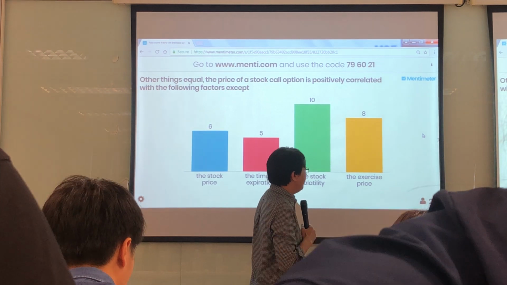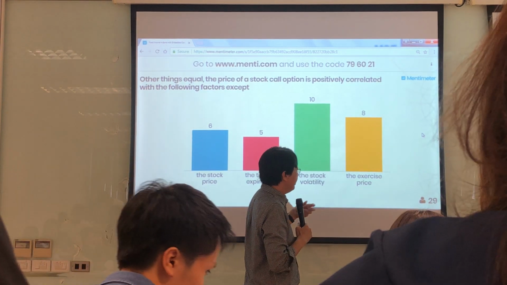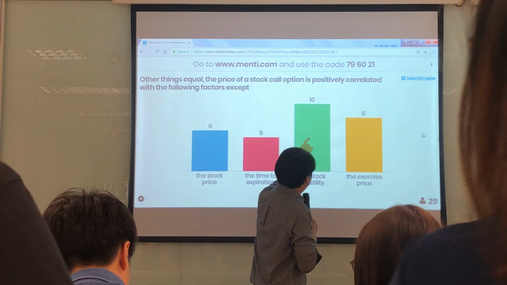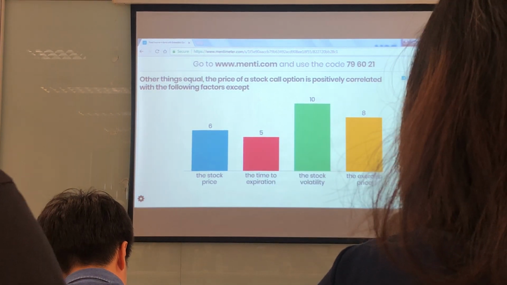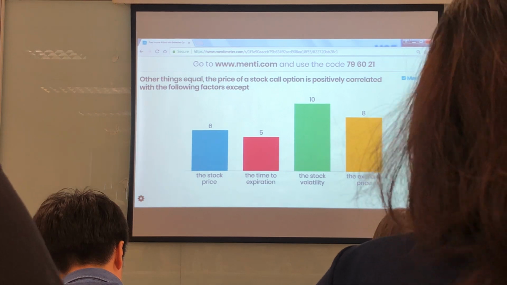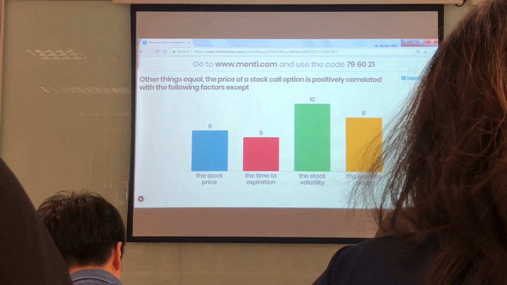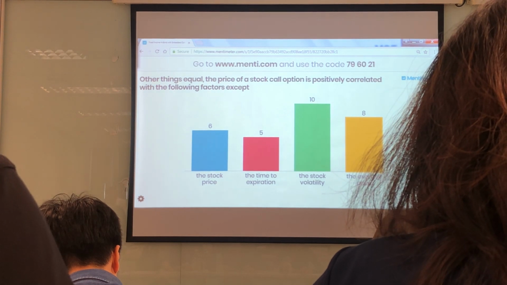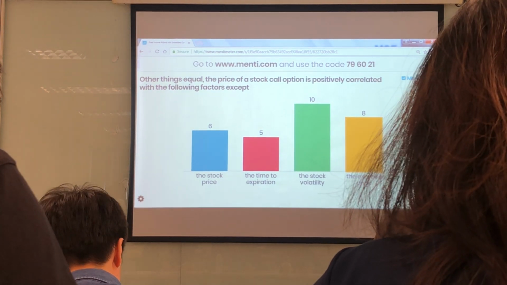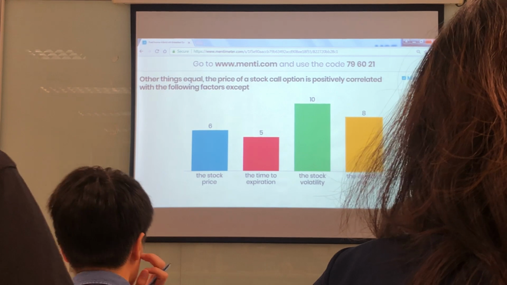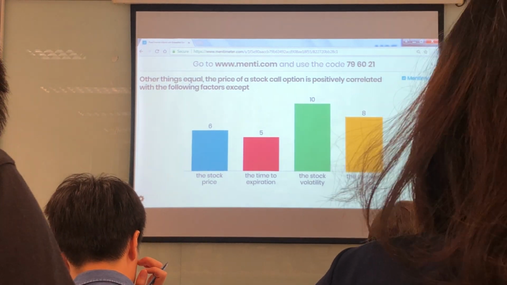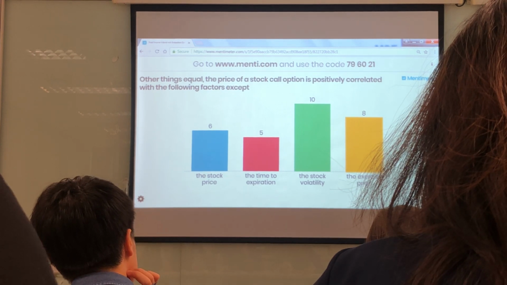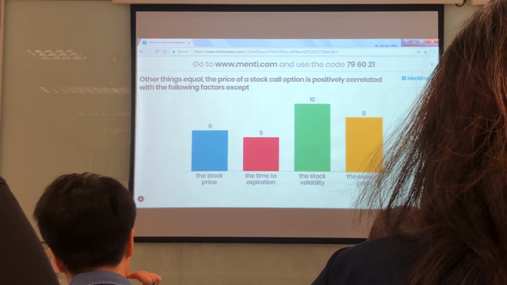Because this question wants to know which one is not correct, the answer is the last one. You have seen in the graph already that if you set the exercise price very low, the value of the option will be very high.